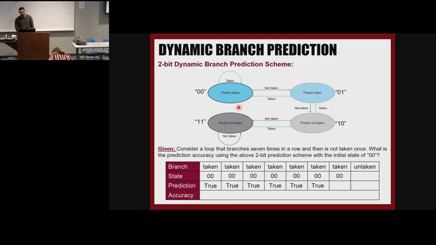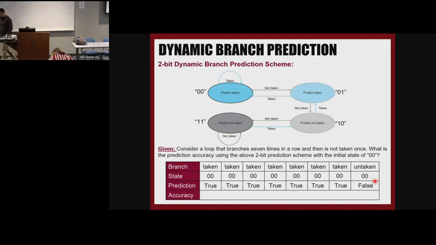We go all the way to this stage. So everything is true until the very last stage. In this stage, our prediction would be take the branch, right? But we actually should not take the branch. So this is the false prediction.